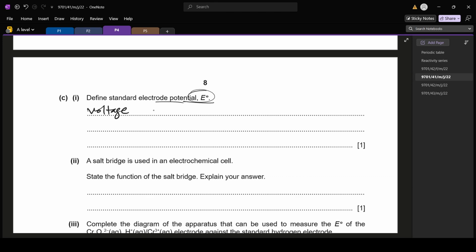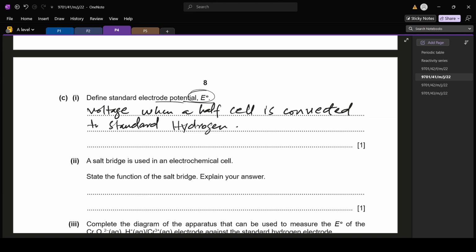Voltage when a half cell is connected to a standard hydrogen electrode under standard conditions.